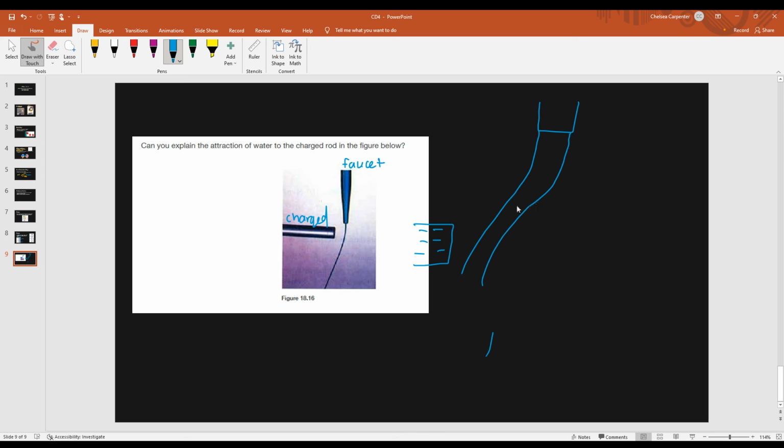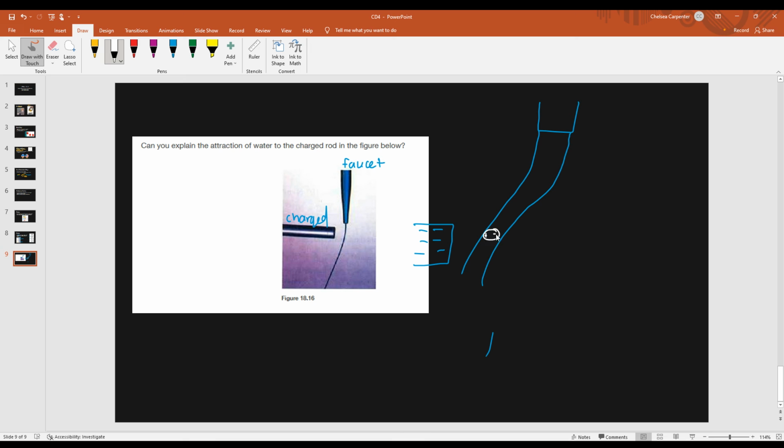Water is a polar molecule, meaning that there's a natural separation of charges in the H2O molecule. In those little water molecules, I can't really draw this, but anyways, here's my molecule here.